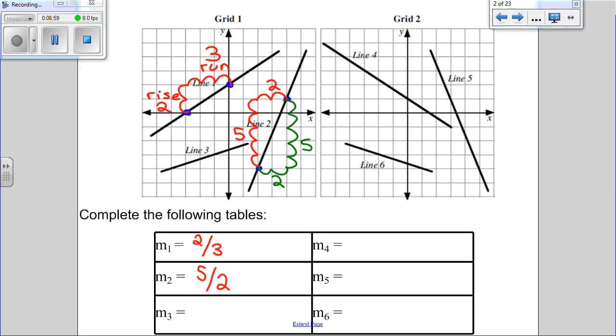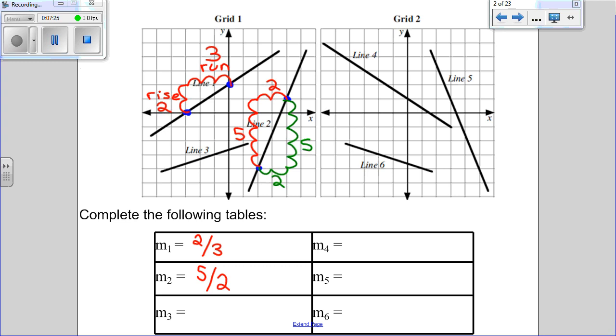They got a rise of 5 and a run of 2, just like I got a rise of 5 and a run of 2. So as long as you're going left to right, it doesn't matter which one you do first. My brain works better to do rise first. That's why I'll always go up or down first and then move left to right. Some people prefer to move sideways first and then go up or down. It's your choice. It doesn't matter, as long as you're going left to right.